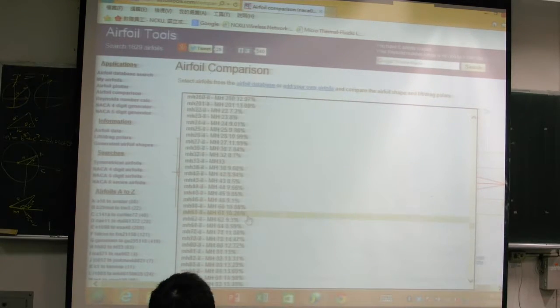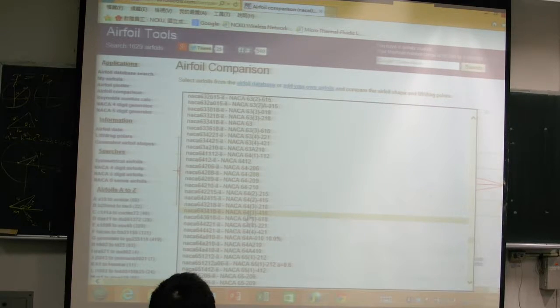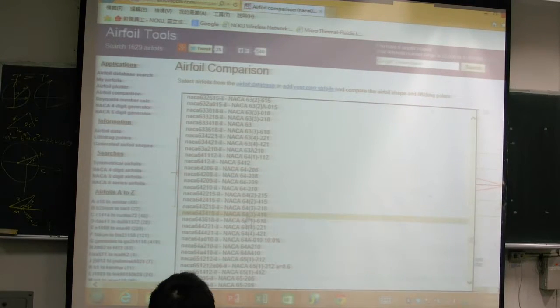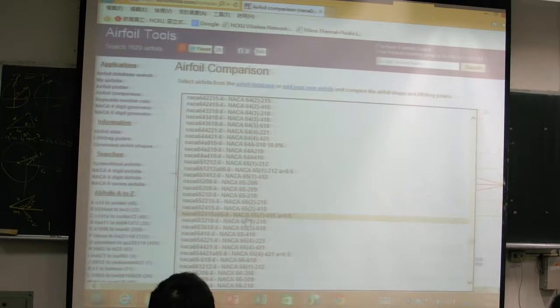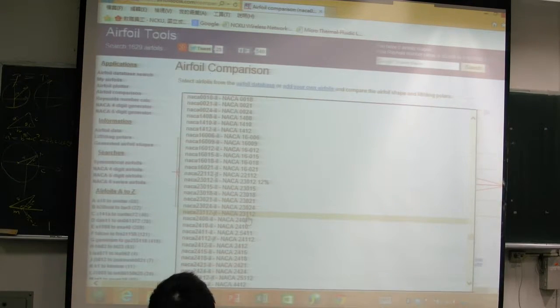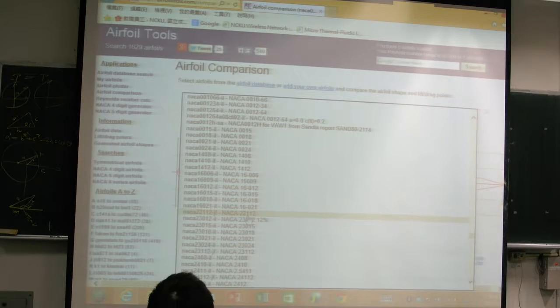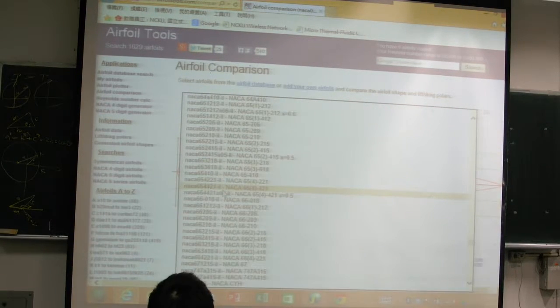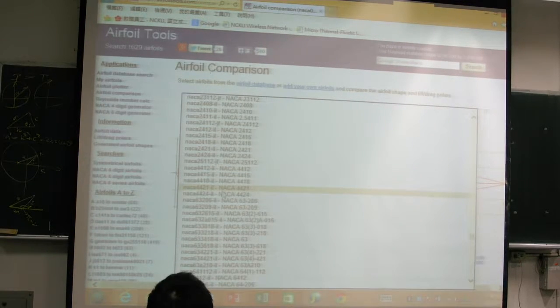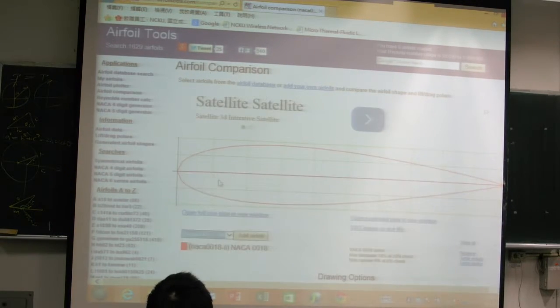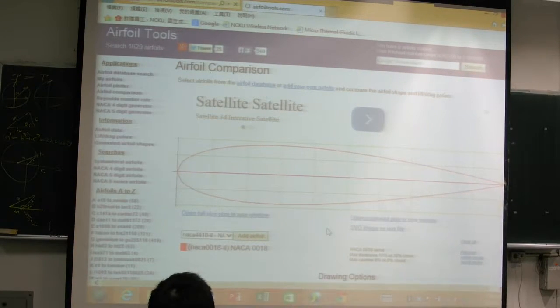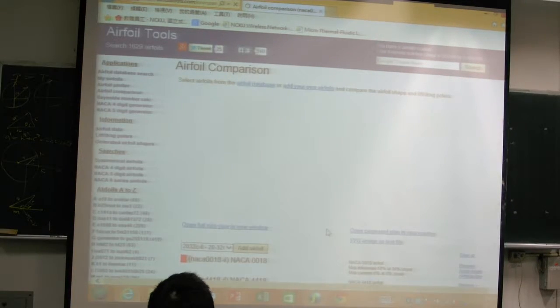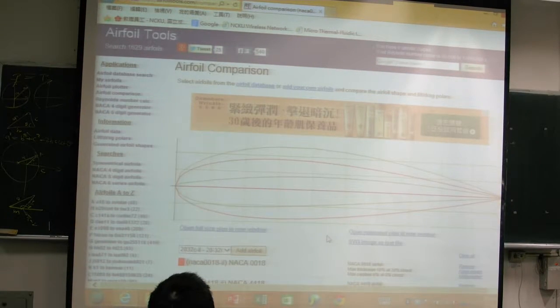Let me choose one with camber, of the same thickness. Okay, this is another airfoil with a camber, so we can compare these two airfoils.